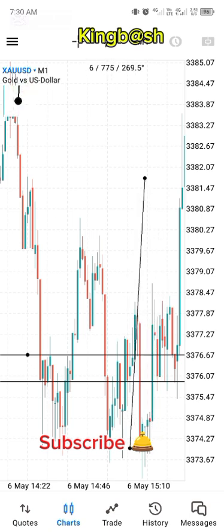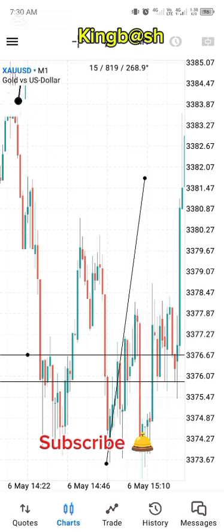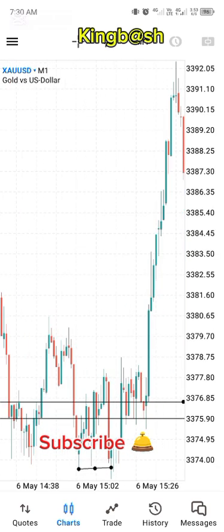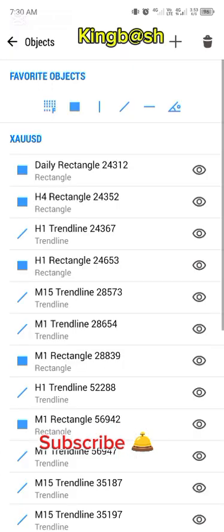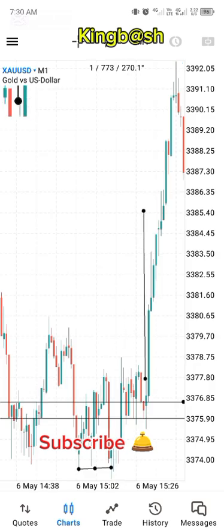Immediately price came here, took out this low, came back again, created another liquidity. Immediately price sweeps this liquidity, what happened? You can see price made an aggressive push to the upside. Price came and broke this high.